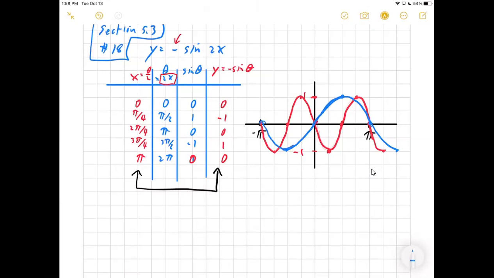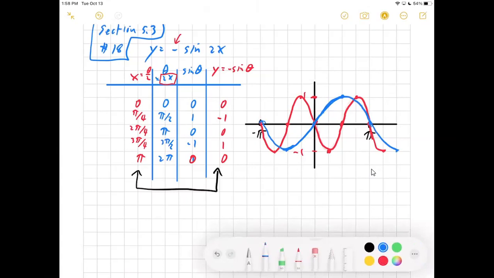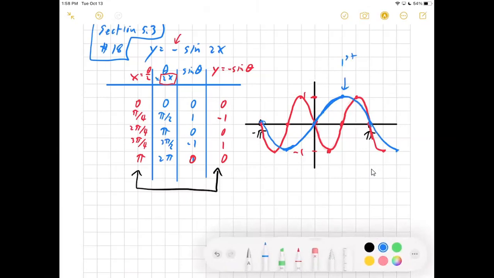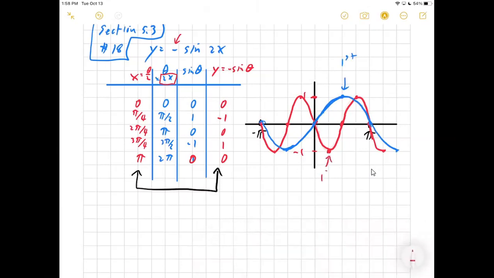So you can see that the red graph is oscillating twice as fast as what the sine function would have looked like in that same domain. And the blue graph goes up first, whereas the red graph goes down first. Okay, because it's a flip of it.